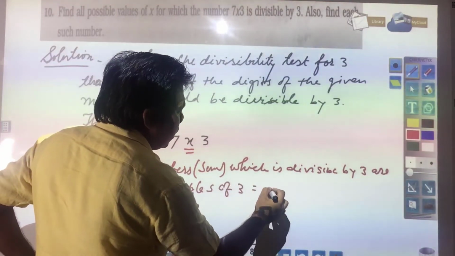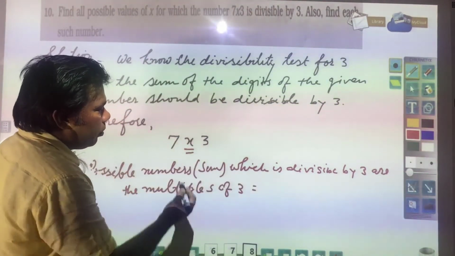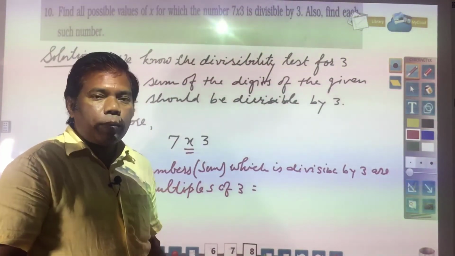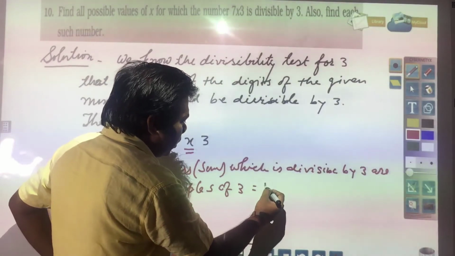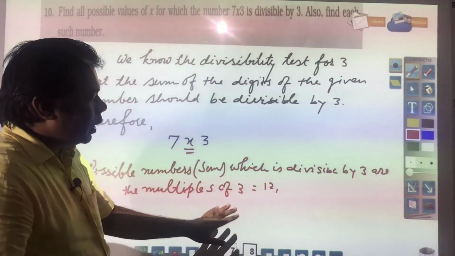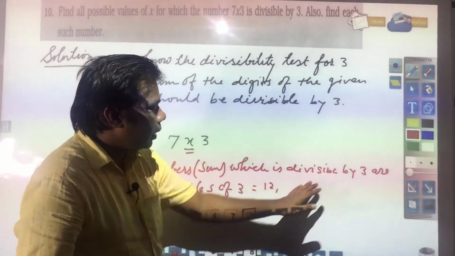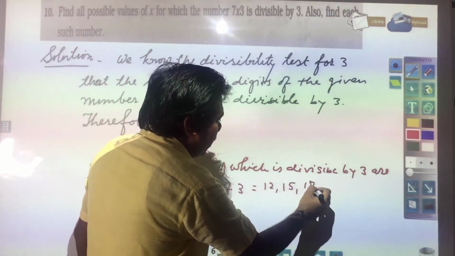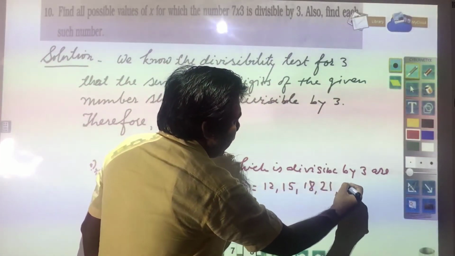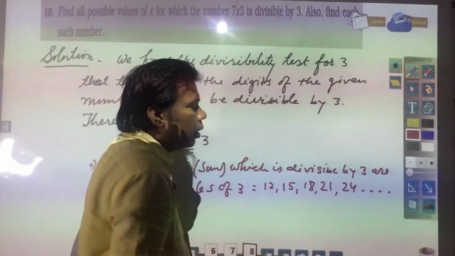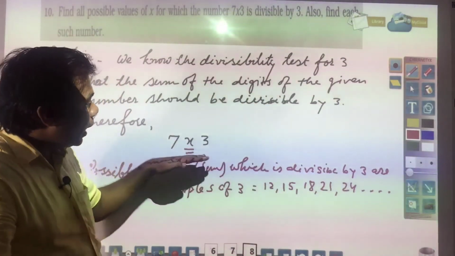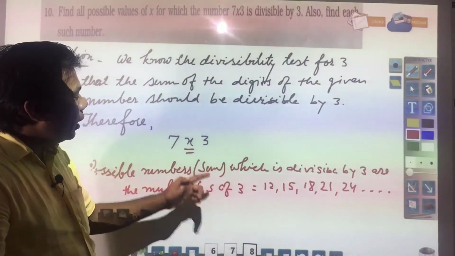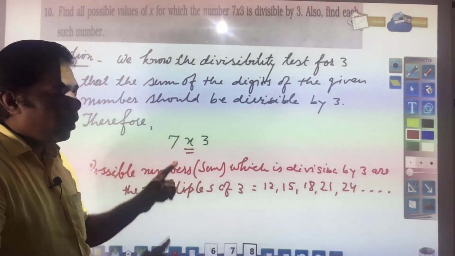It means the sum should come, just you see 7 plus 3, that is 10. So, more than 10 it should be. So, that number starts with 12, the sum should come 12. So, this is a multiple of 3 and this is divisible by 3. Then you have 15, then 18, then 21, then 24 and so on. So, these multiples should come if you are adding the digits of the given number, and accordingly we need to find out the value of x.